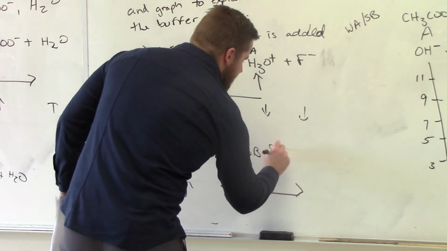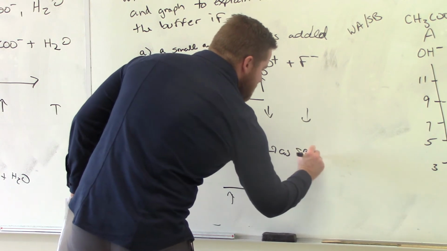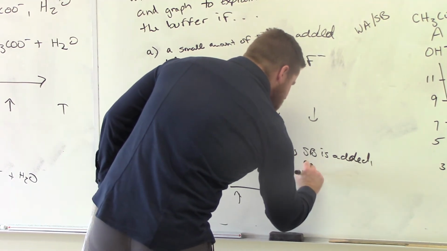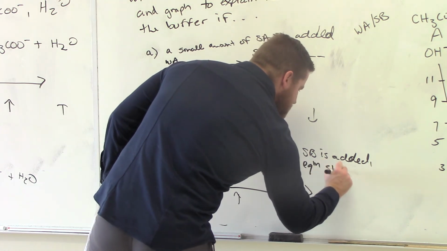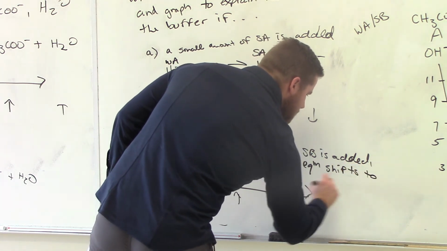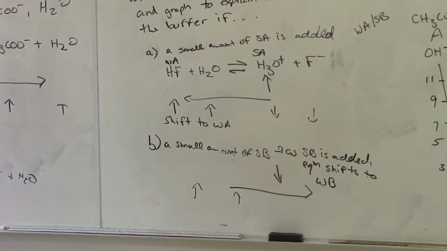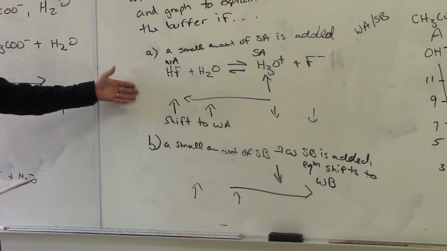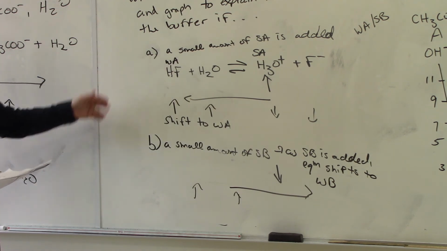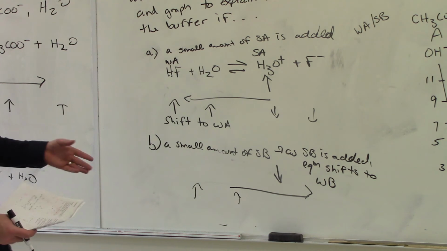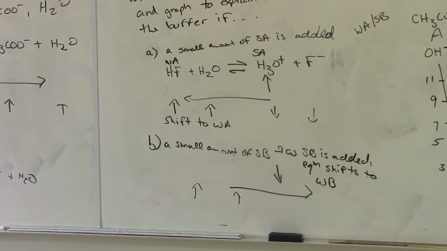Okay, so as strong base is added, equilibrium shifts to the weak base. All right, so either way, if strong acid is added, the equilibrium shifts towards the weak acid. If strong base is added, the equilibrium shifts towards the weak base. And that's how buffers work, okay?